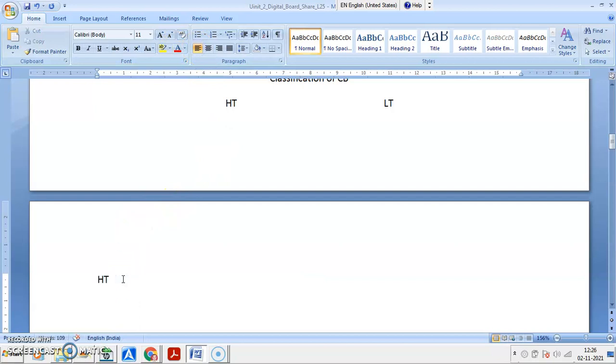HT, you can have oil circuit breaker, then you may have SF6 gas circuit breaker. Then in HT category we may have vacuum circuit breaker.